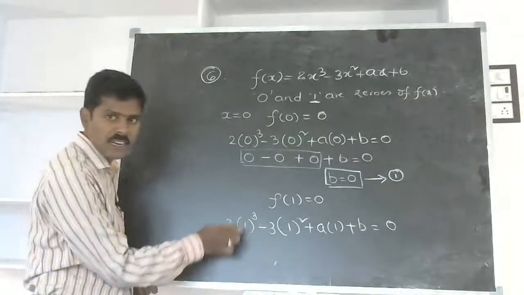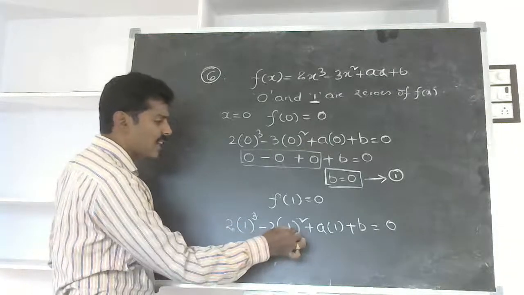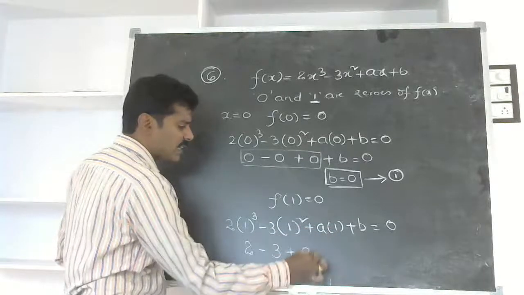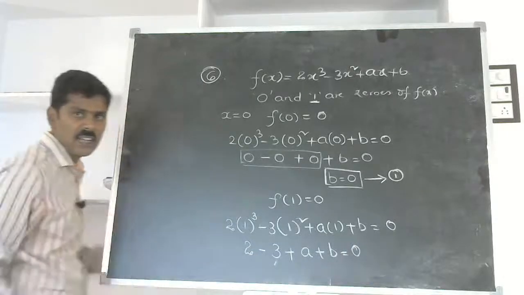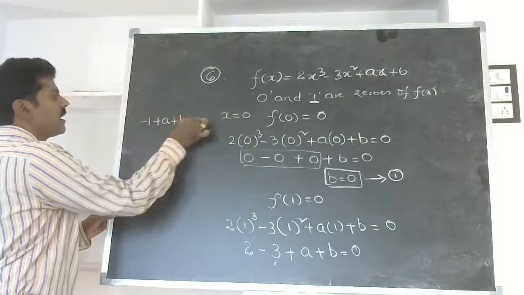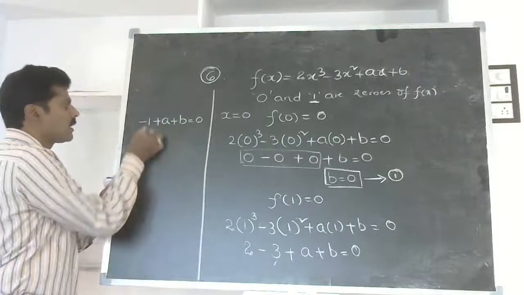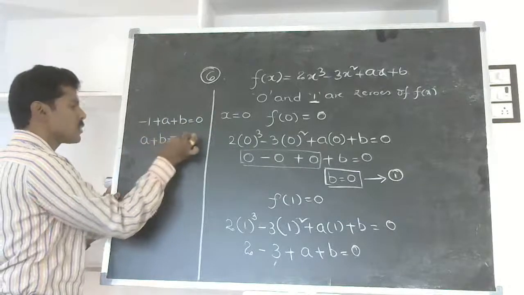So 1 cube I will get 1, 1 into 2 I will get 2, minus 3 into 1 square is 1, 3 into 1 is 3, plus a into 1 I will get a, plus b equals 0. So 2 minus 3 I will get minus 1, plus a plus b equals 0. Now if I transpose minus 1 to the right hand side, I will get a plus b is equal to 1.